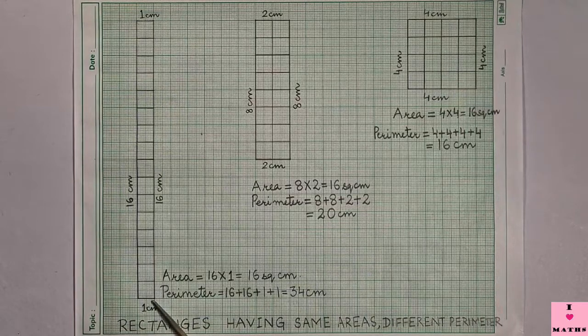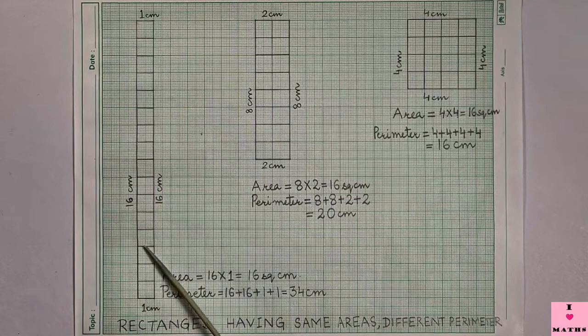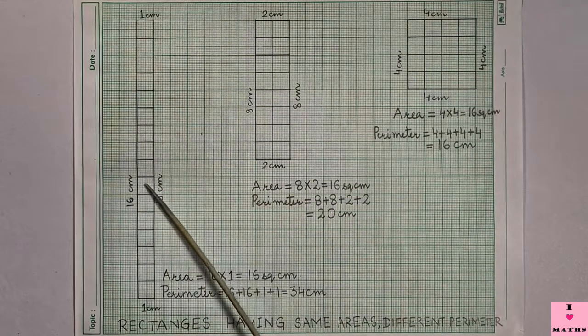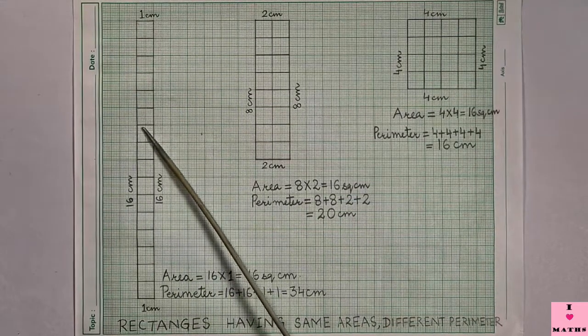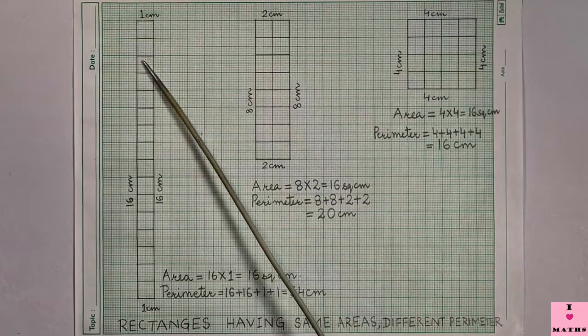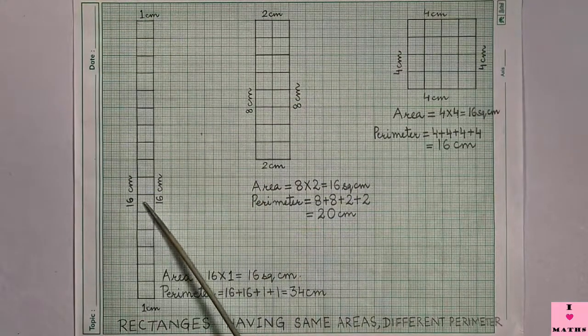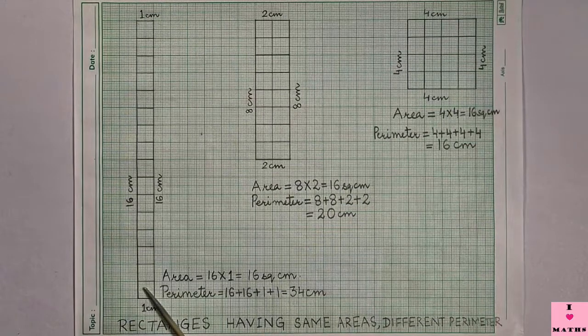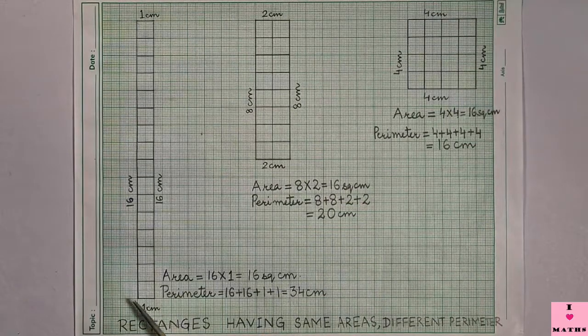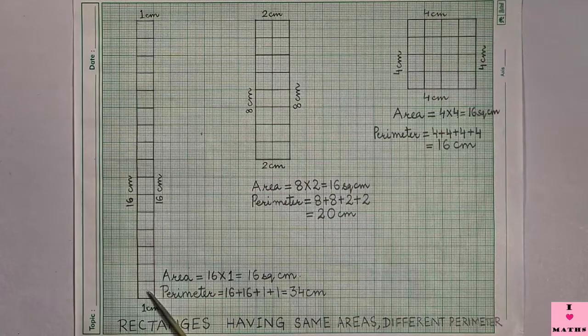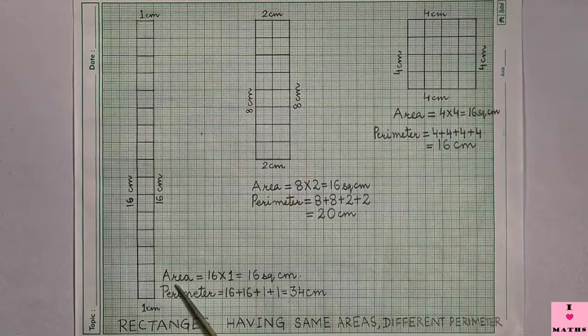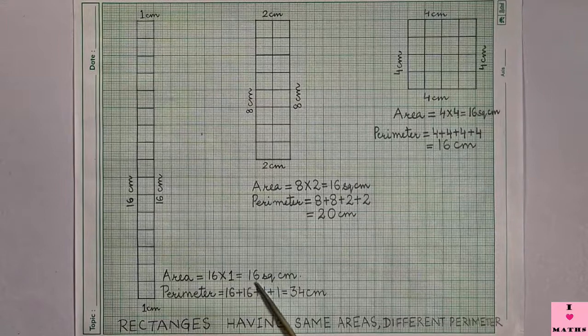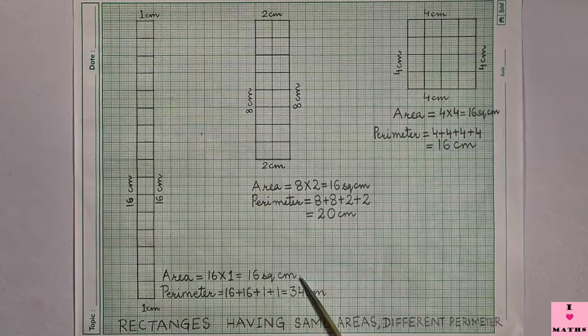Let us count the number of squares in the first rectangle. 1, 2, 3, up to 16. So 16 squares whose area is 1 square centimeter are making this rectangle, and that is the reason the area of this rectangle is 16 square centimeter.